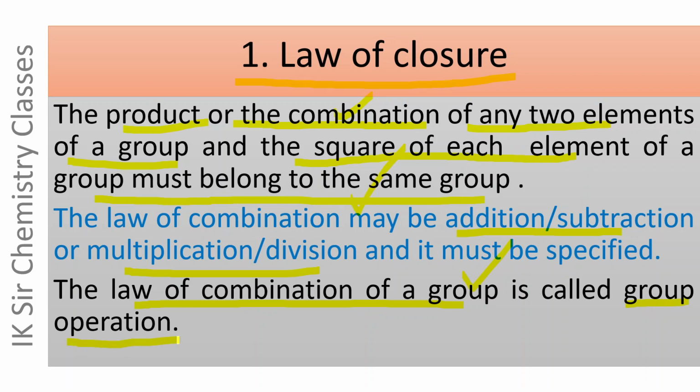The mathematical group may simply be called group. A collection of symbols or numbers constitutes a mathematical group if they obey a set of four rules, and the first one is the law of closure.